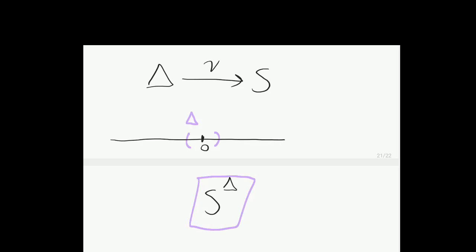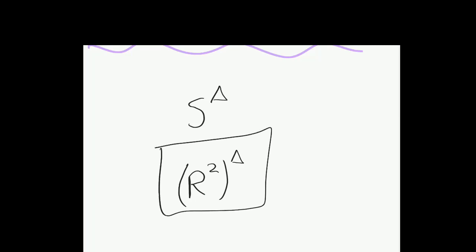But I've really just been trying to give a flavour of some up-and-coming concepts. Now I want to talk about something much more definite. What I want to do next is to make this idea of thinking about something like S to the power of delta much easier. So I'm now going to consider a simpler case, where we're thinking about S as being the plane. So what's R squared to the power of delta? Or more precisely, what's a point of this space?